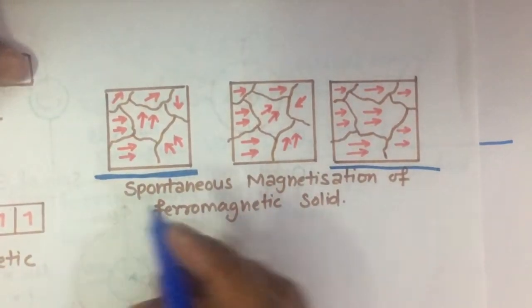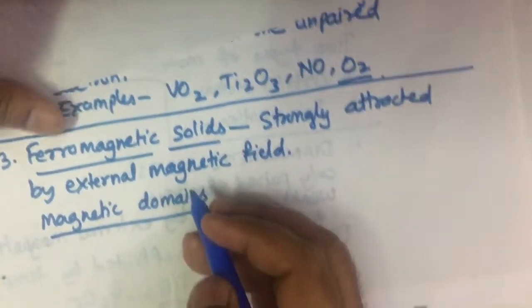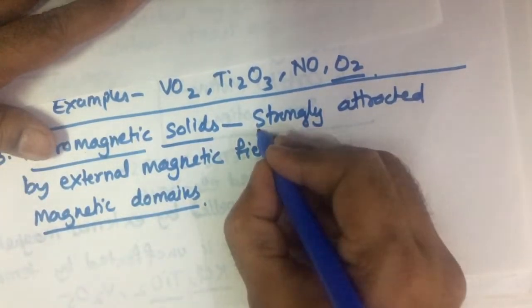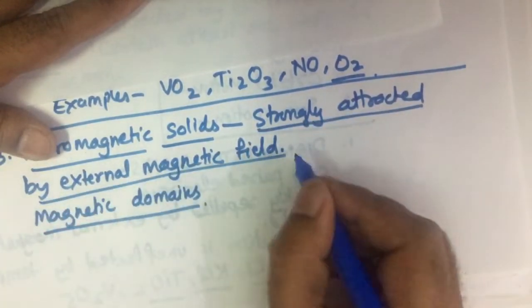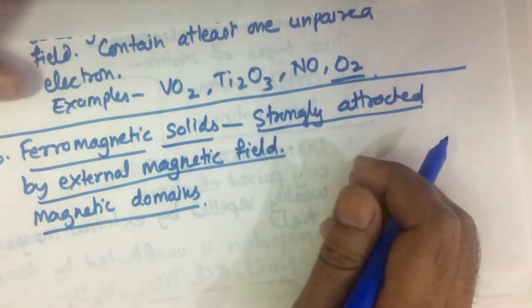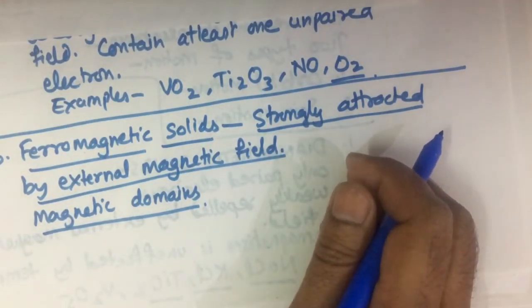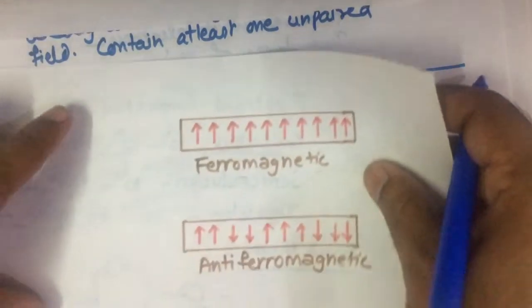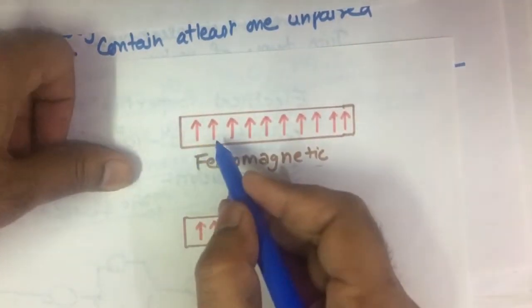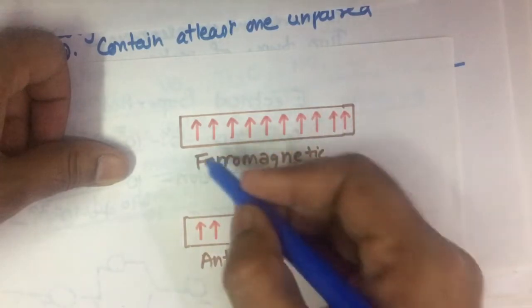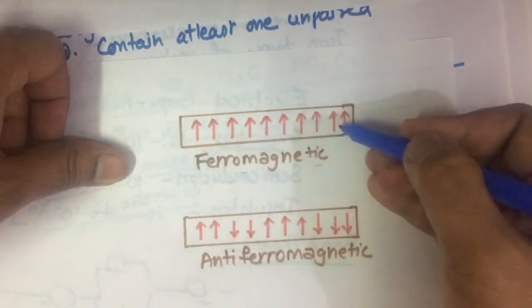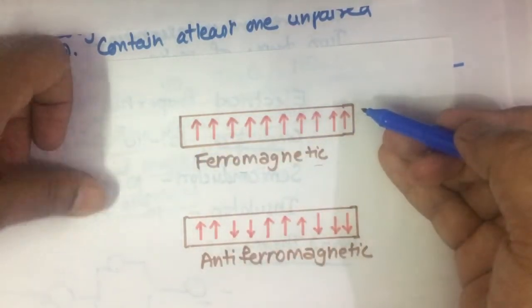Now, on the basis of this, there are paramagnetic substances which are strongly attracted by an external magnetic field. You can represent the ferromagnetic substances like this. These are magnetic domains, all oriented in the same direction.